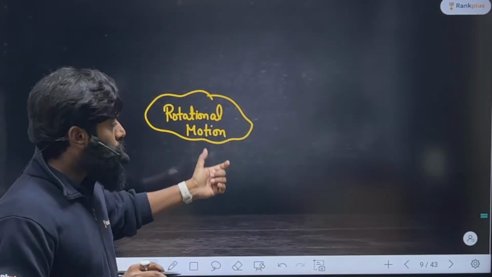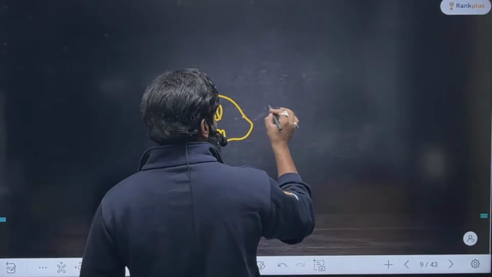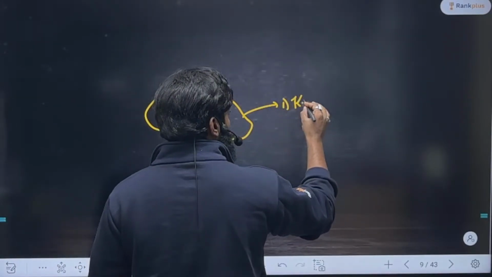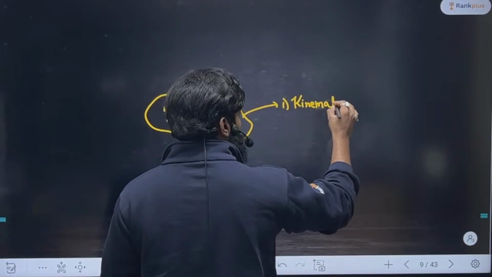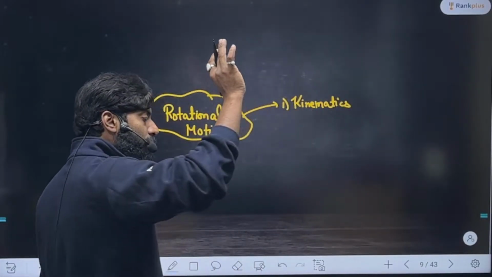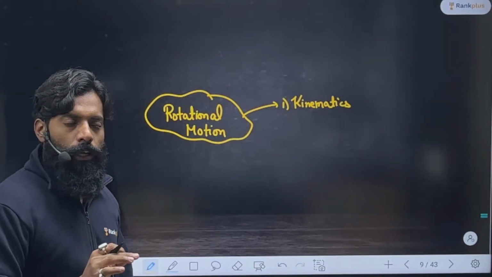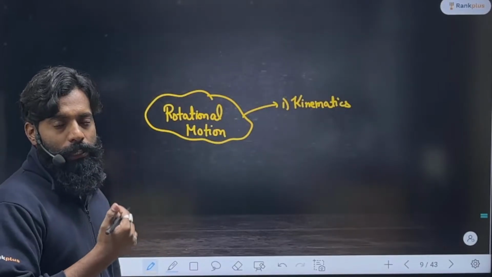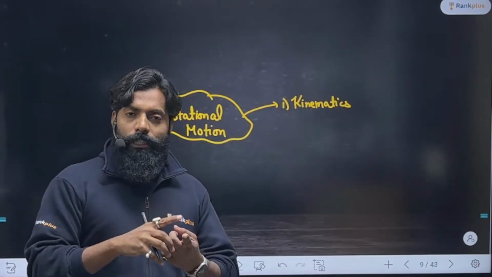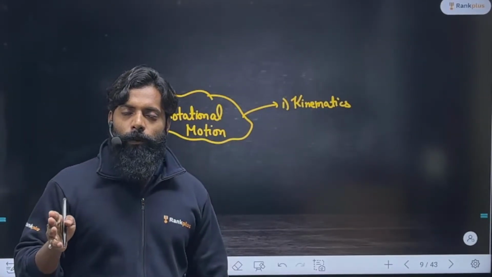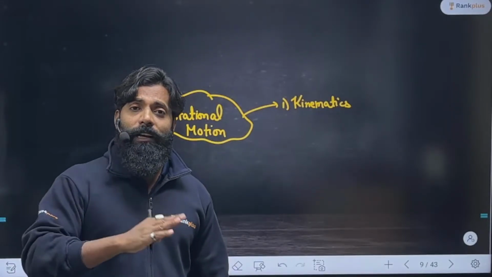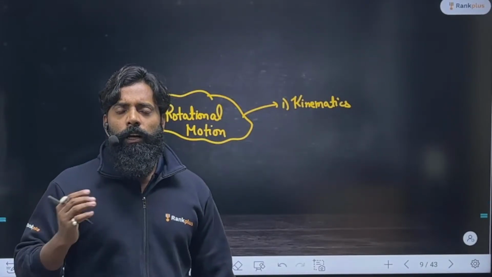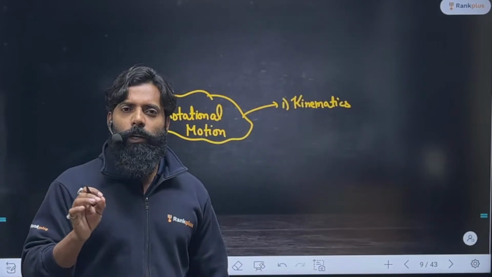So we will be dealing with kinematics. You have to relate the kinematics concept which you have studied earlier to rotational motion. The displacement will get changed into the angular displacement, the velocity gets changed into the angular velocity, the acceleration will get changed into the angular acceleration. So these are the only things which you have to do.